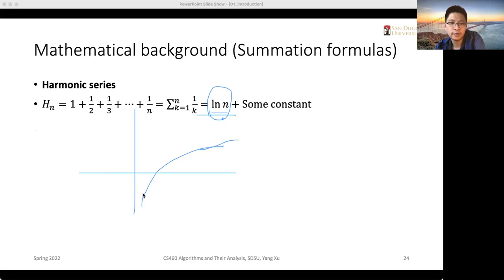It grows faster when it's near zero, when it has small inputs, but it grows slower and slower in the larger input area. So the logarithm function is actually a very friendly function to algorithm designers. If we can find a solution that runs in logarithm time, then it's actually a very good solution.